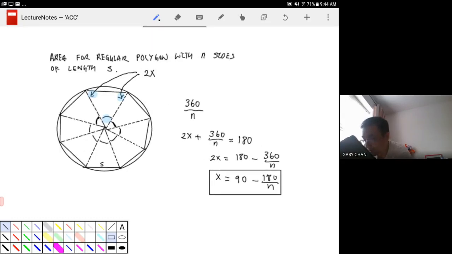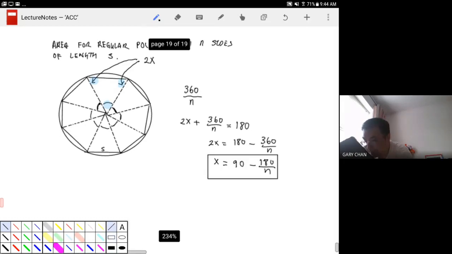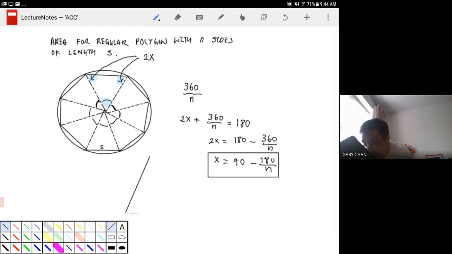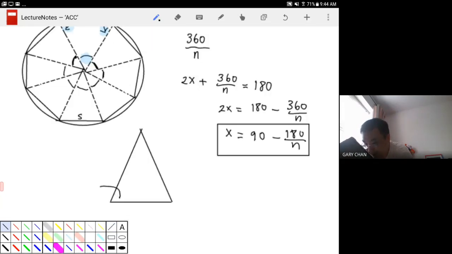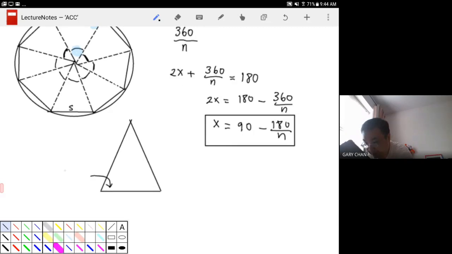So if I look at the last problem I did, like two problems ago, I found out the base angle. The base angle right now is this guy right here, and that is 90 minus 180 over n, right? That's the base angle. And what's the length of half that base?